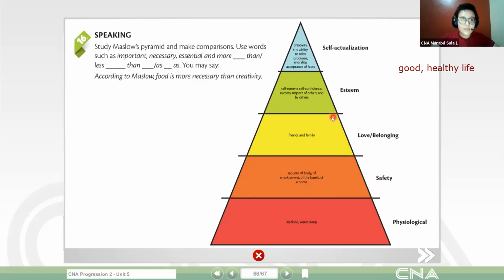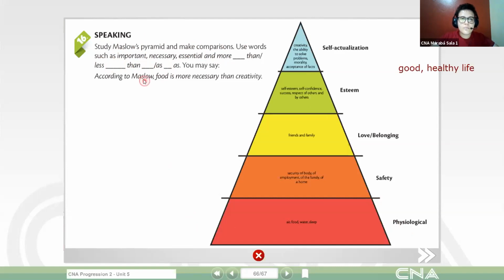You are, again, going to make comparisons using this pyramid. Use words such as important, necessary, essential, and more than, less than, as.